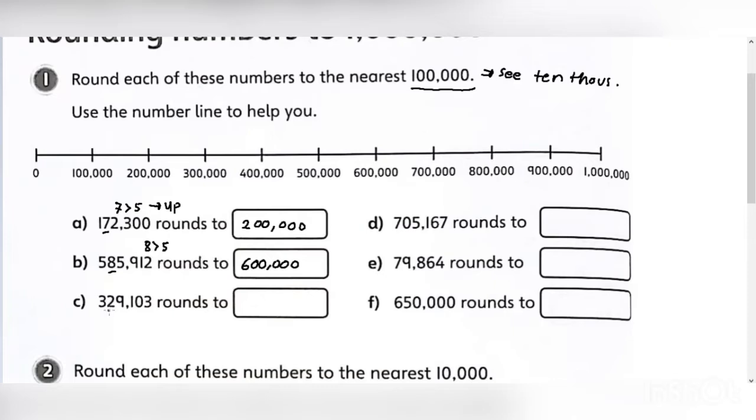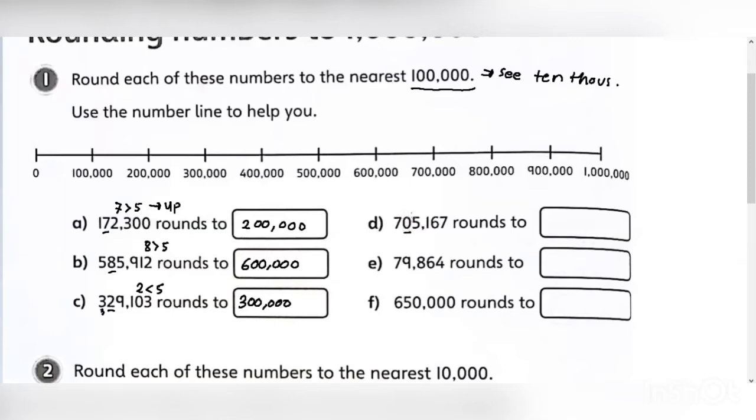The 10,000 here is 2. 2 is smaller than 5, so we keep the number previously. In here we have 3, so it becomes 3. So the answer is 300,000.